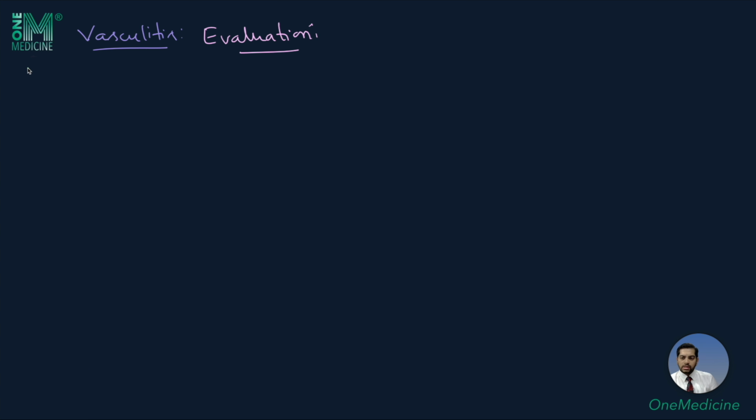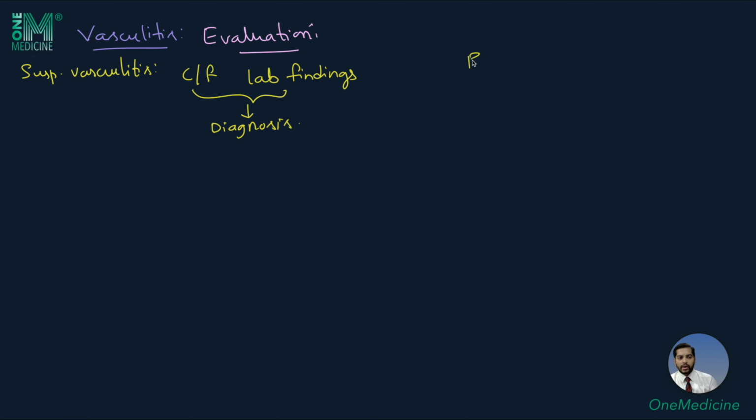So in a patient presenting with suspected vasculitis, clinical features and lab findings can help in diagnosis. If required, biopsy of the affected artery or arteriogram can also be utilized to come to a diagnosis.